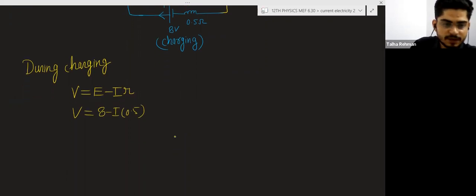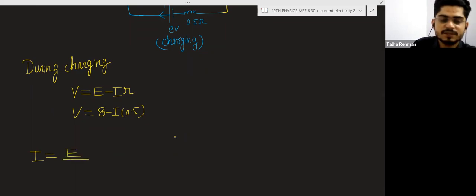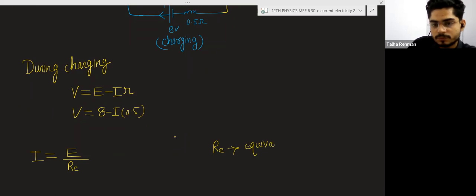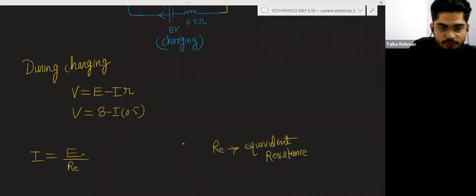Just calculate the current. Current is equal to EMF divided by the total resistance, equivalent resistance. So how will you calculate the equivalent EMF?